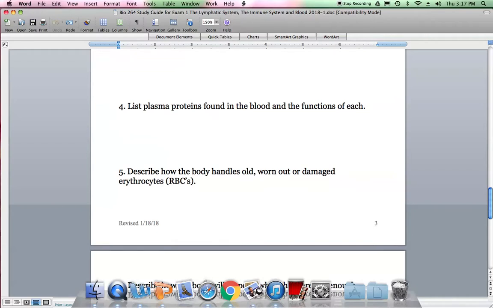It's a yellowish pigment, and the body will remove it primarily as bile, because the bilirubin will go to the liver, and the liver will break it down or conjugate it, turning it into a substance that's water soluble, so that the body can excrete a little bit of it in the urine.